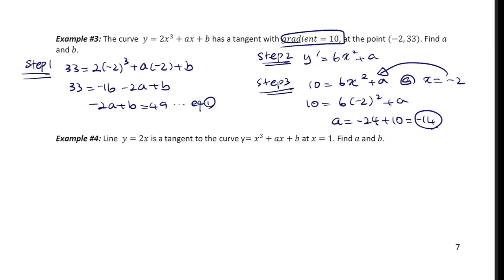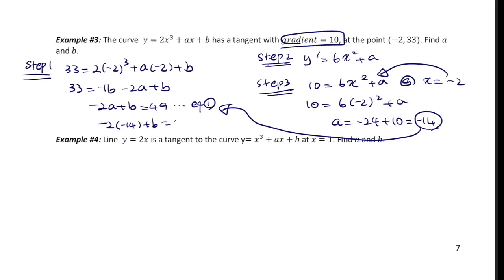Then substituting this negative 14 back into equation 1 will help us to identify this unknown b value. So b value is equal to 49 minus 28, so it's equal to 21. So we have found both a and b value. a is equal to negative 14, b value is equal to 21.